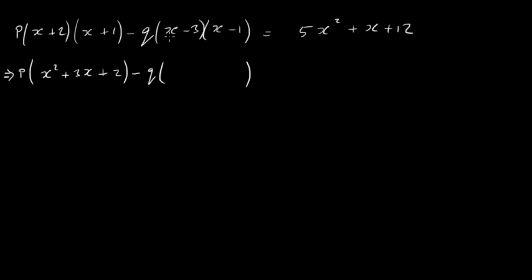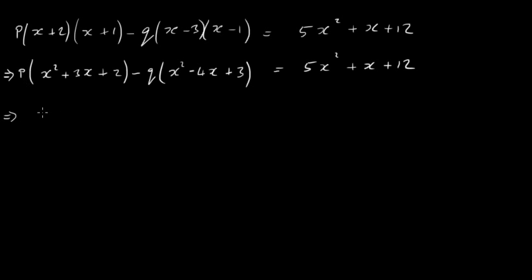So I'll end up with x times x, which is x squared. I'll have a minus 3x minus 1x, that gives me minus 4x. And then I'll have a minus 3 times minus 1, that will give me plus 3 here. On the right hand side I've still got 5x squared plus x plus 12.